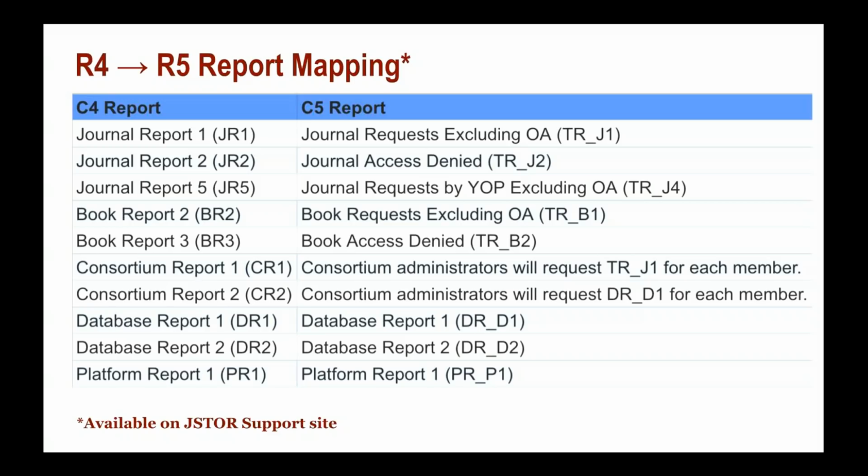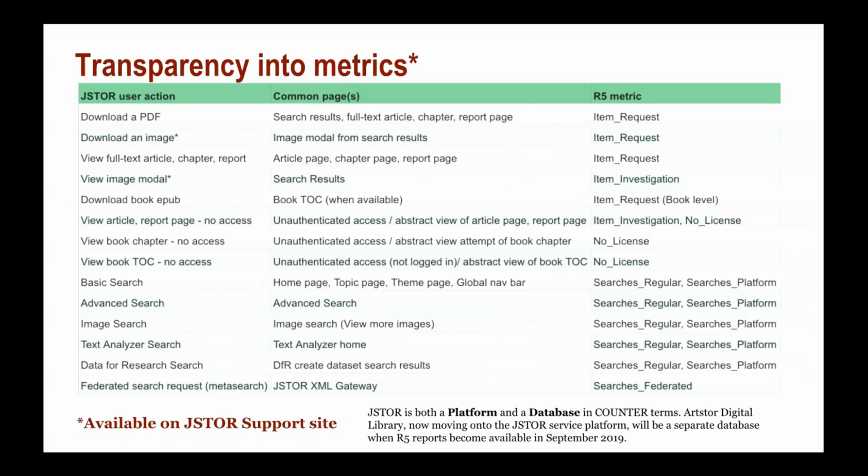I think the thing that we've learned is that we need to take that type of specificity, articulation of what the user action to metric means, and document that so that libraries can know exactly how those metrics are getting created. And that takes me to this slide, which is that documentation.